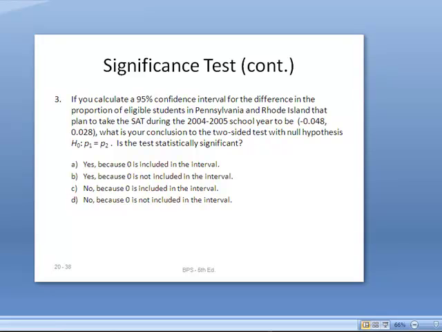In other words, is the test statistically significant? Well, zero is in that interval at a 95% confidence level, so that means that at a 0.05 level of significance, the two-sided test would not be statistically significant. So no, because 0 is included in the interval.